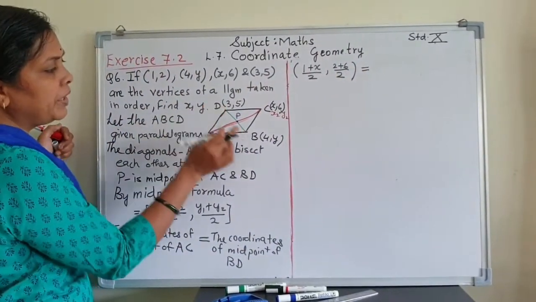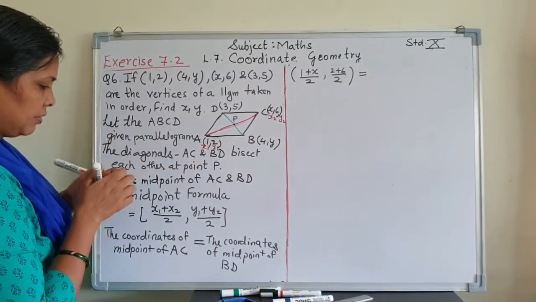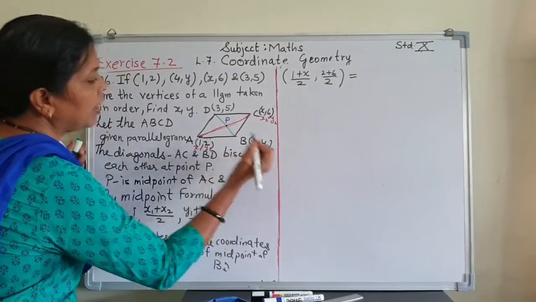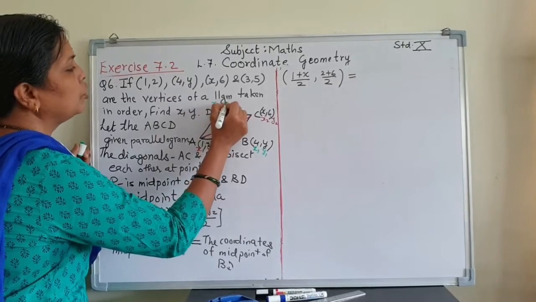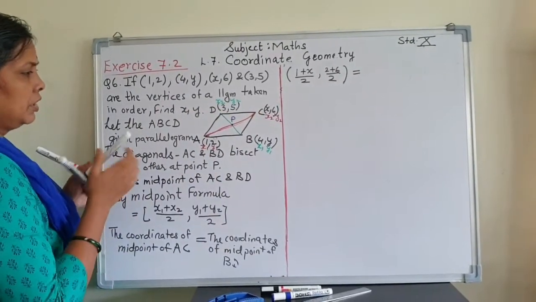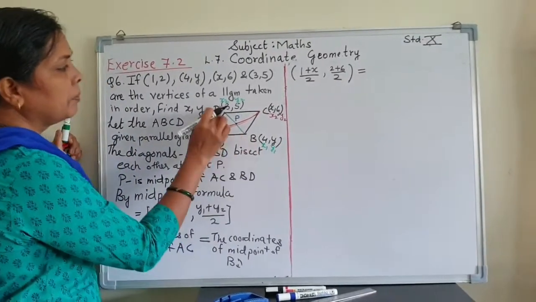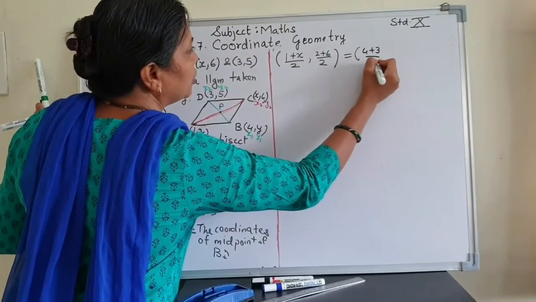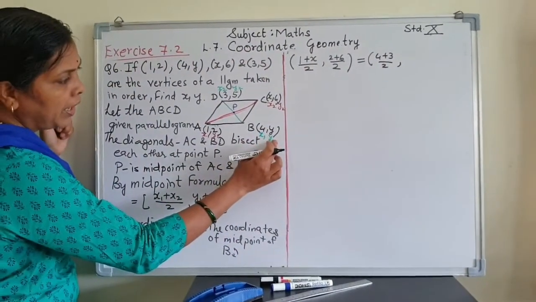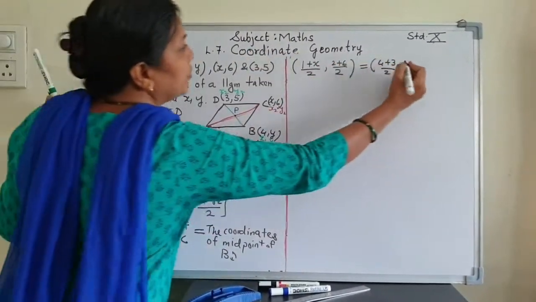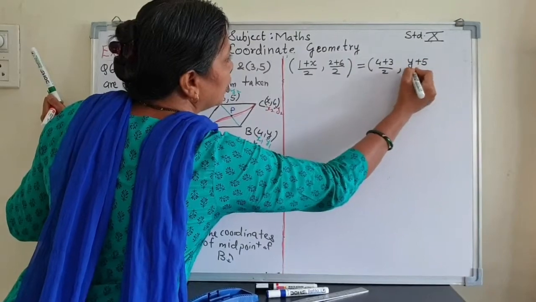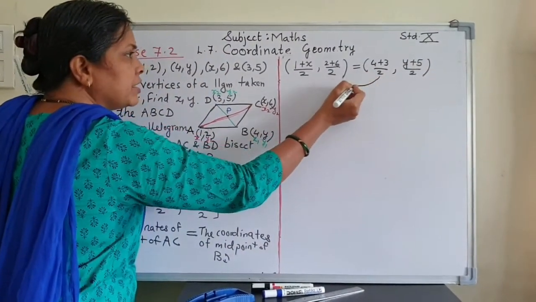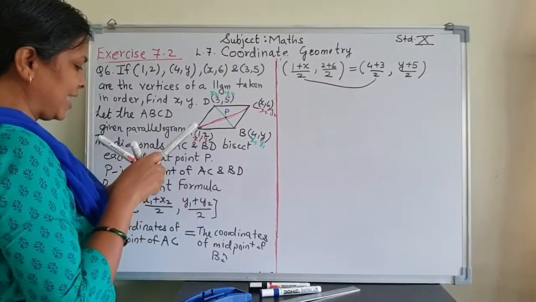Which is equal to, now P is the midpoint of BD. So here if we take x1, y1 and x2, y2, we have 4 plus 3 upon 2 and y plus 5 upon 2. Now we can compare this x coordinate with this x coordinate because they are same.